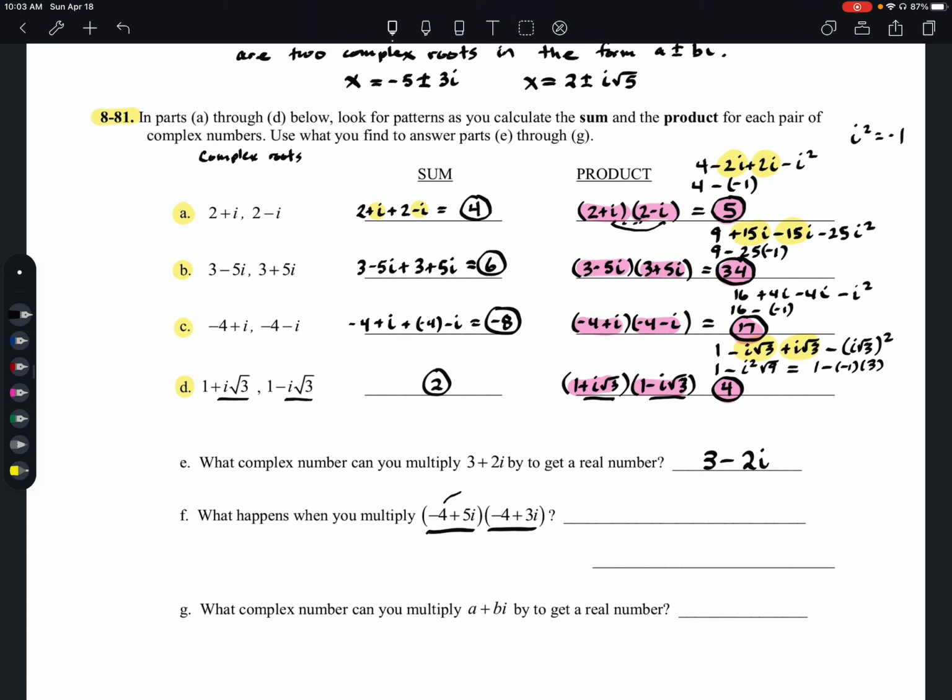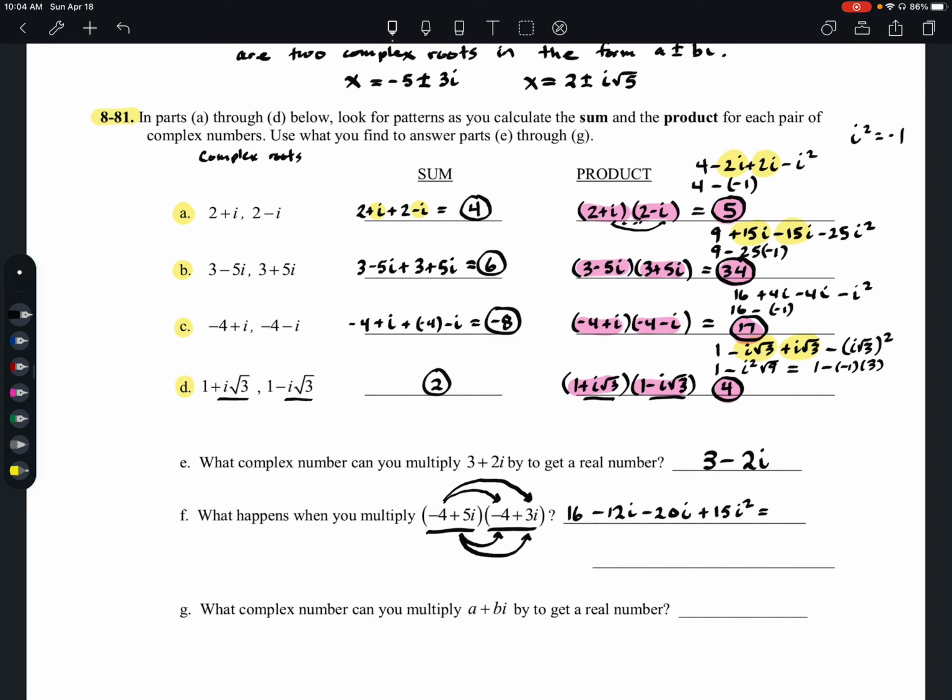If I do negative 4 times negative 4, I get 16. If I do negative 4 times 3i, I get negative 12i. If I do positive 5i times negative 4, we get negative 20i. And then 5i times 3i would be plus 15i squared.